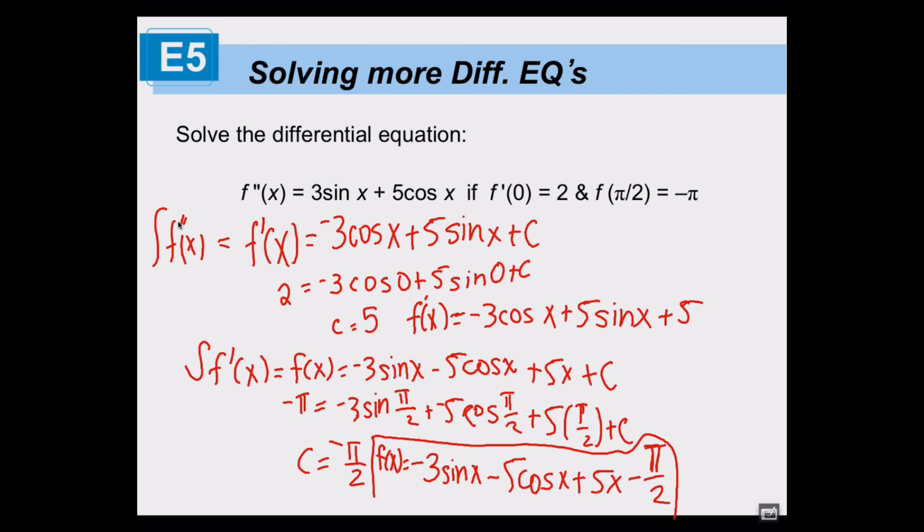So we get an equation that says negative pi is equal to negative 3 plus 5 pi over 2 plus c. Move the 5 pi over 2 to the other side, so negative pi minus 5 pi over 2 is negative 2 pi over 2 minus 5 pi over 2, which is negative 7 pi over 2. And adding 3 to both sides, we get that.